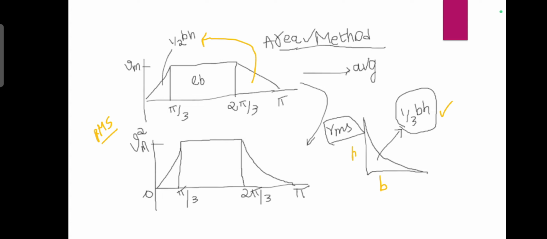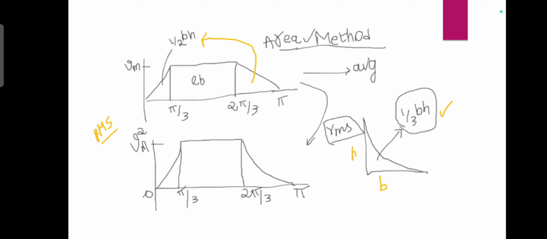So the total average value of this first waveform will be 1 by pi by 3 into half into base pi by 3, height Vm, plus 1 by pi by 3 into length into breadth, that is Vm into 2 pi by 3 minus pi by 3, which is pi by 3, plus 1 by pi by 3 into half into base into height, where the base is pi minus 2 pi by 3, which is again pi by 3, and height is Vm. That is the average value.